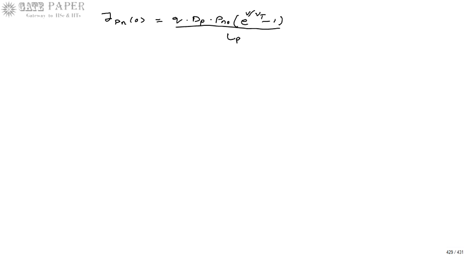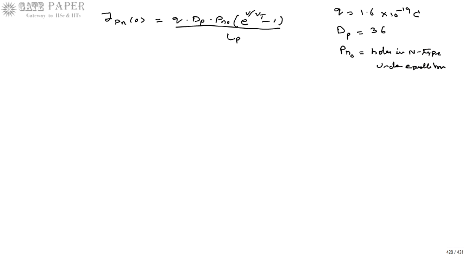So out of this one, if you observe, Q value is known, that is 1.6 into 10 power minus 19. DP is nothing but hole diffusion constant. What are the values we know? Q is 1.6 into 10 power minus 19 coulombs, and DP, the hole diffusion constant, is given as 36, and Pn naught is nothing but minority carriers in N type, that is holes in N type, under equilibrium condition.